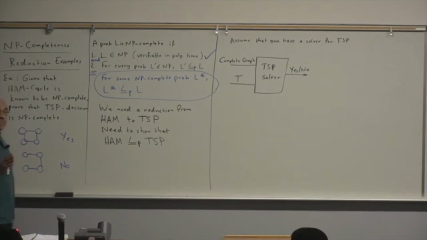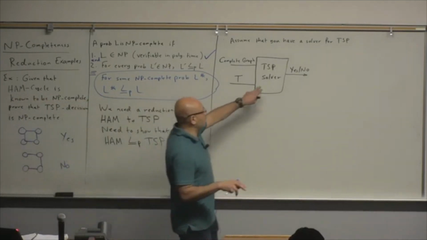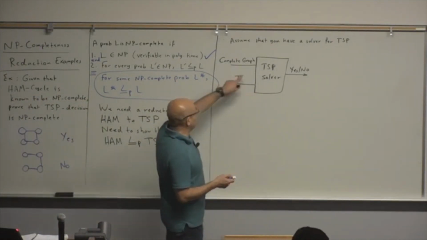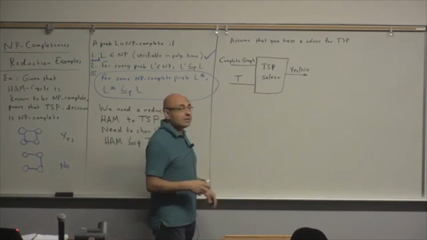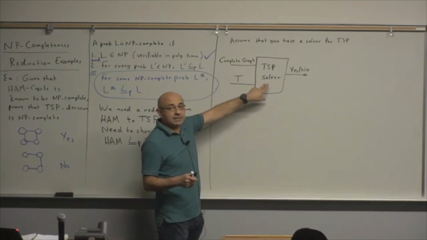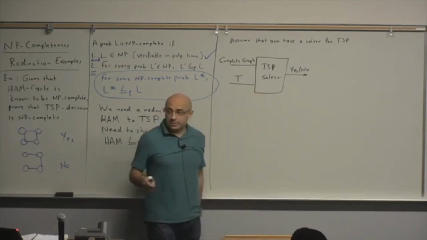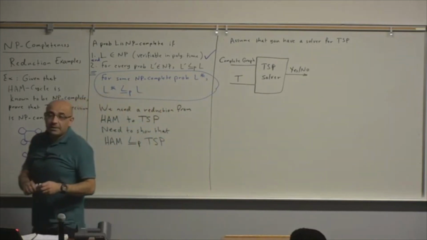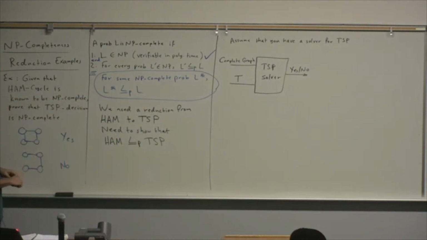So the reduction is about using a solver for one problem to solve another problem. Now, in order to employ this solver, first of all, I have to put the graph in the form that this solver expects for its input. So I have to make these graphs complete somehow. But I want to make them complete in a way that will serve my purpose, which is solving this problem.